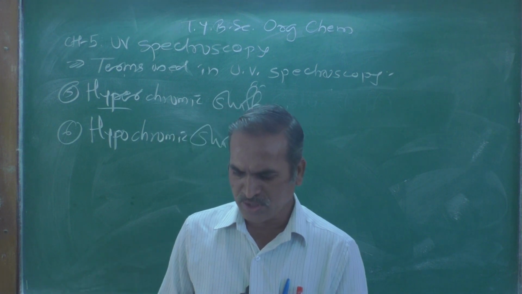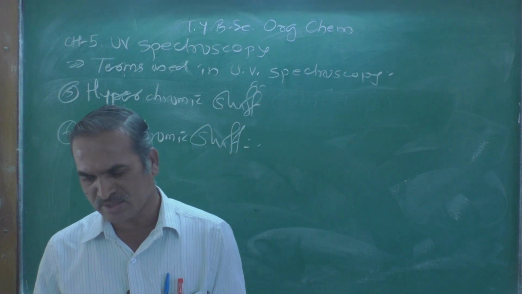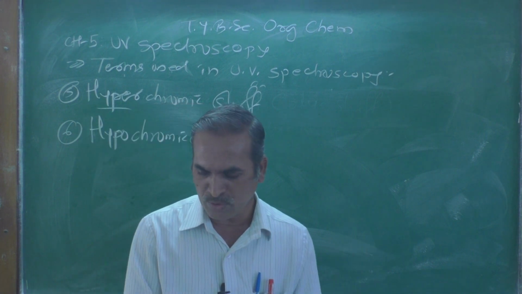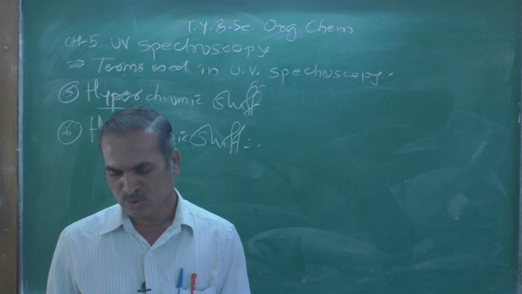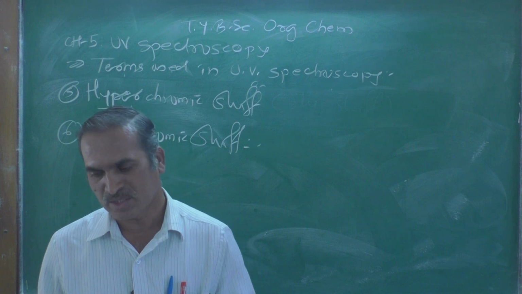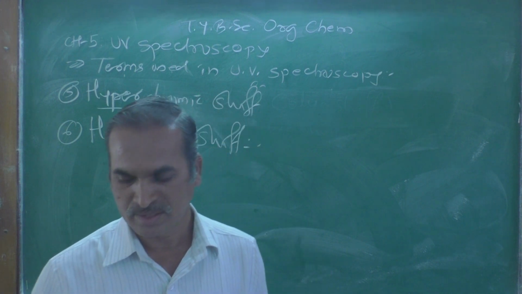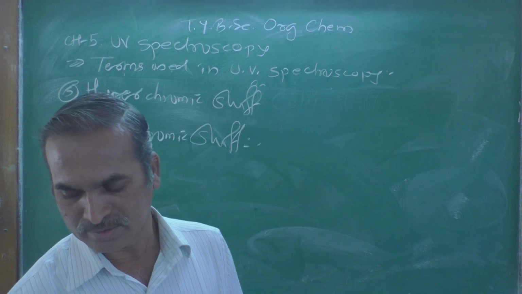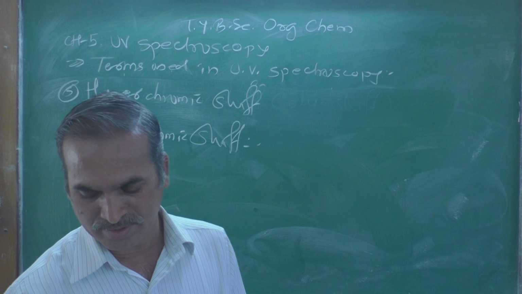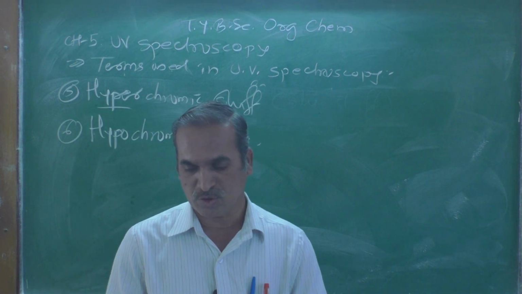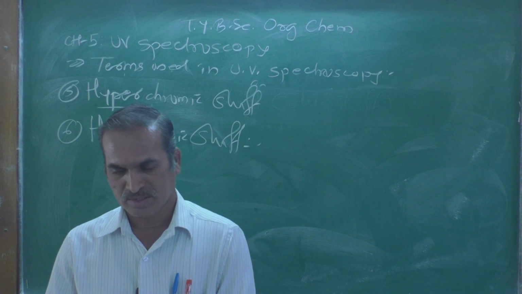When the intensity of absorption decreases, it is known as hypochromic shift. So these are the important terms which we have learned as far as UV spectroscopy is concerned.